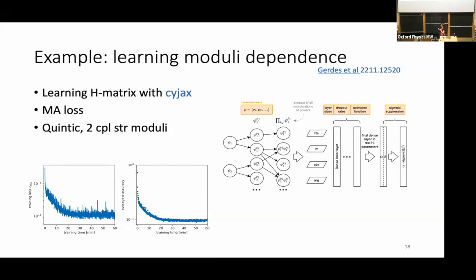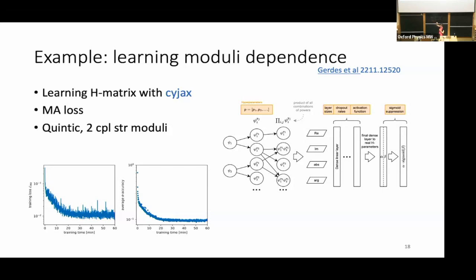But here anyway, here's a sketch of what their networks look like. They're encoding the 2 complex structure moduli with some feature engineering, so they are taking powers of that.